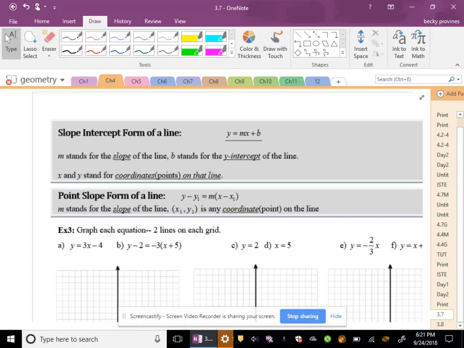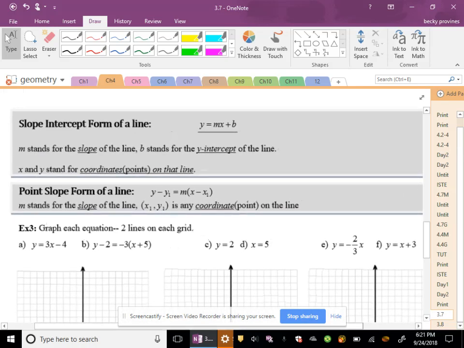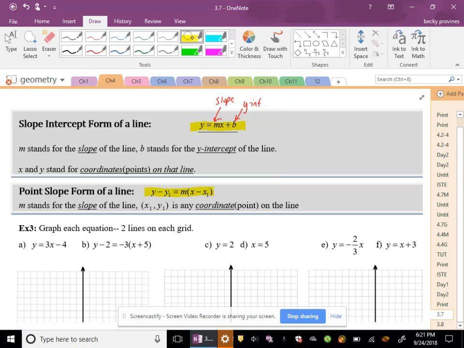Now, this is a formula that you used a lot: y equals mx plus b. Just a quick reminder, m stands for slope, b stands for y-intercept. Now, the other equation, which you may have used but maybe not as much, is the point-slope form.